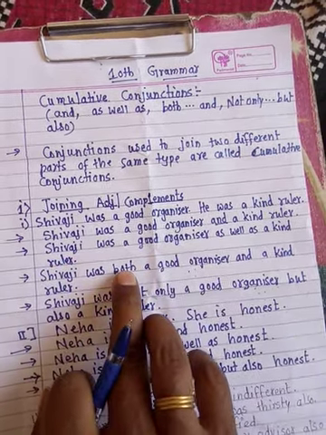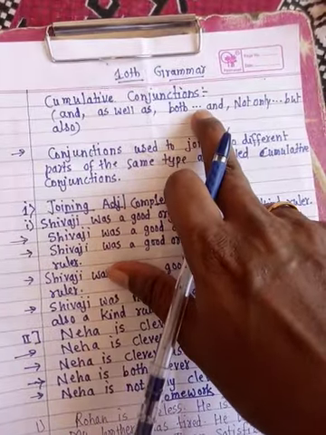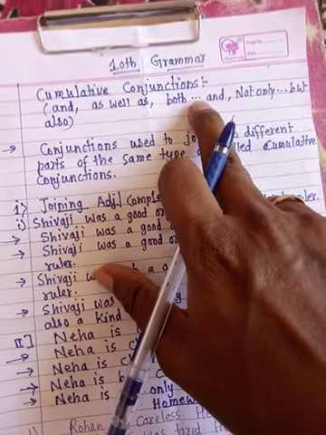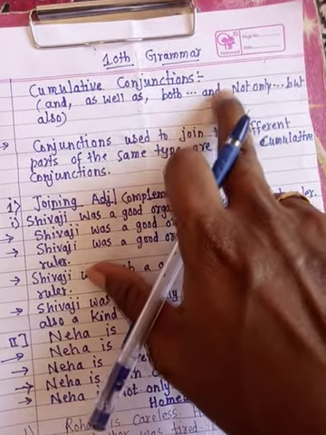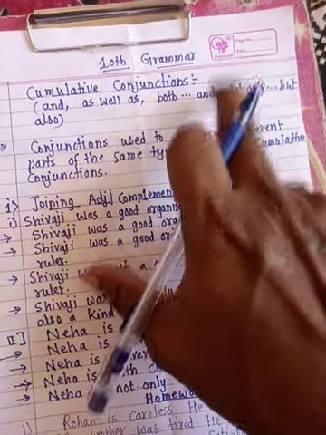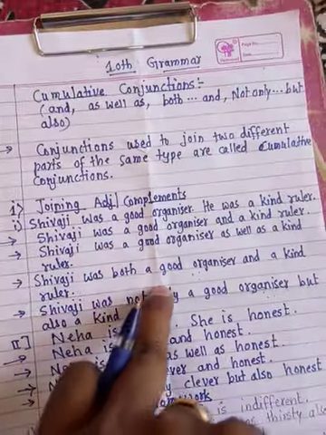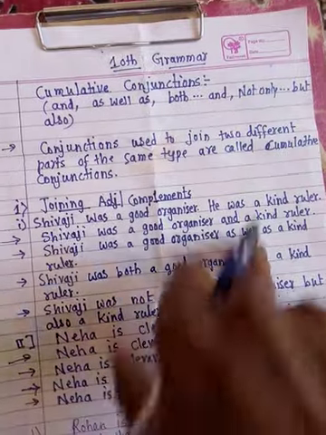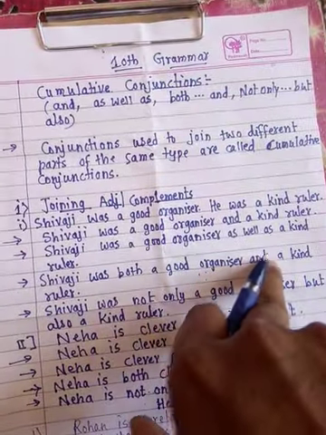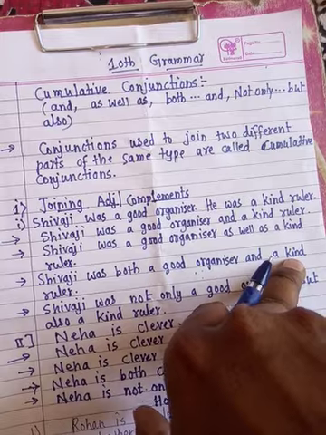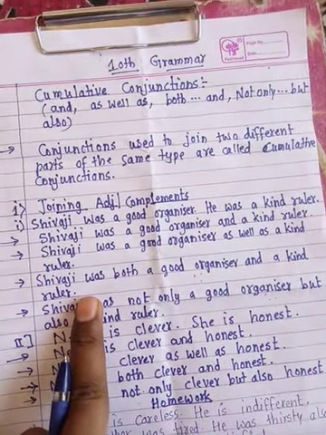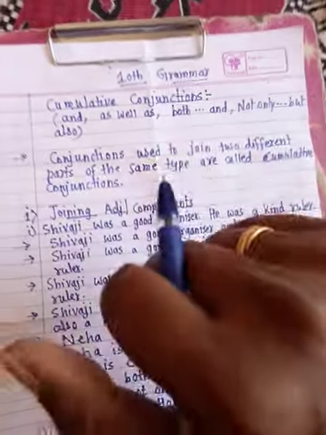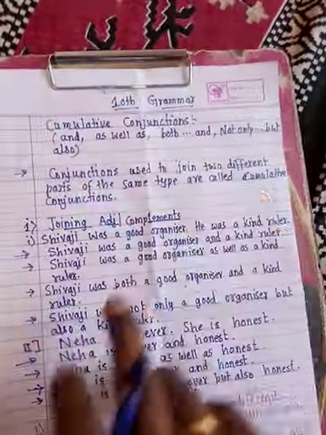So first both, after that you can see here dot dot means you have to use the first different part in the middle and the second different part after and. So Shivaji was both, first different part here is a good organizer, after that and, then the second different part, a kind ruler. So the answer will be: Shivaji was both a good organizer and a kind ruler. Now using not only but also, same rules as both and.